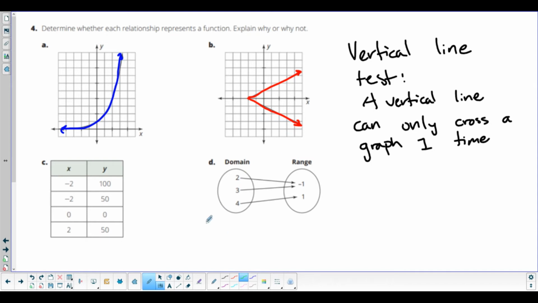And the reason for that is the definition of a function, which is also important for this page, and especially for these two.